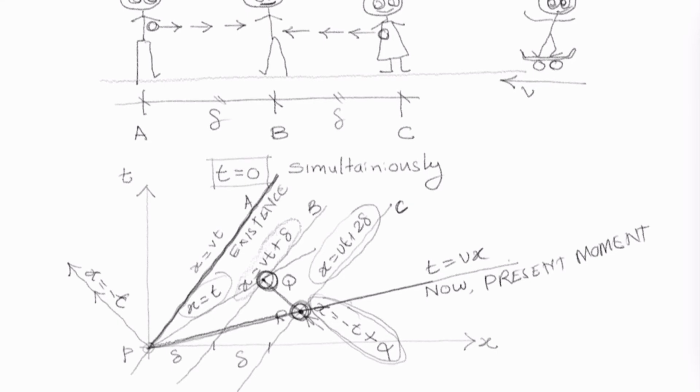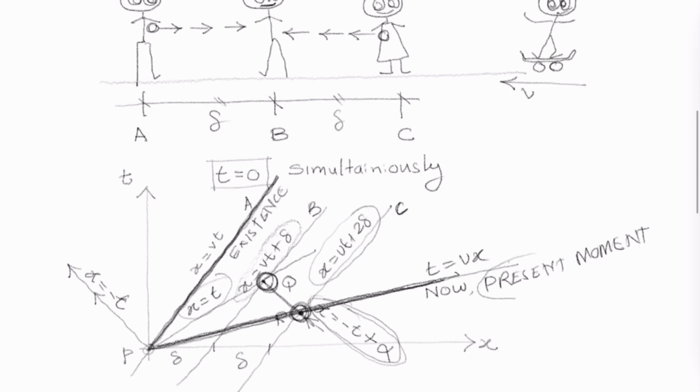Now look at this line t equals vx. What does this line mean to him? This is his line of simultaneity. These two lines mean everything to him: his present moment and his existence.